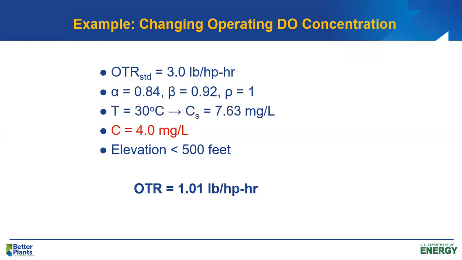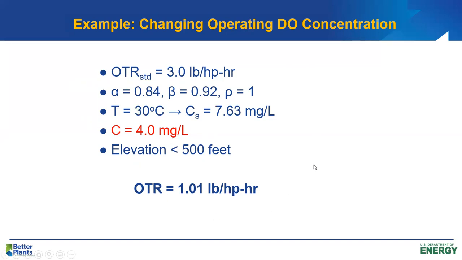Now what we want to do is we're going to operate all things the same. We're in summer conditions, 30 degrees C, but now we've decided to operate at a DO concentration of 4 milligram per liter instead of 2 milligram per liter in our aeration basin. So because of that, our transfer efficiency has dropped from 1.71 pounds per horsepower hour now to 1.01 pounds per horsepower hour.